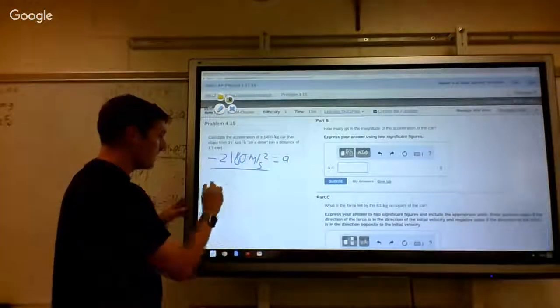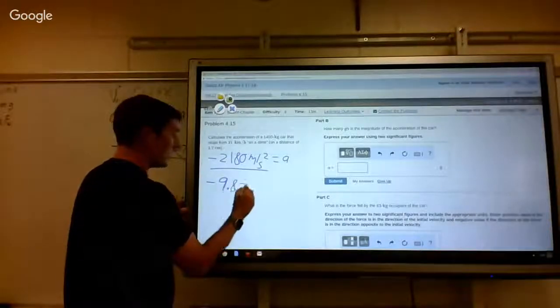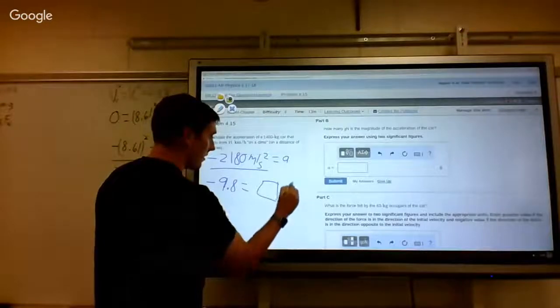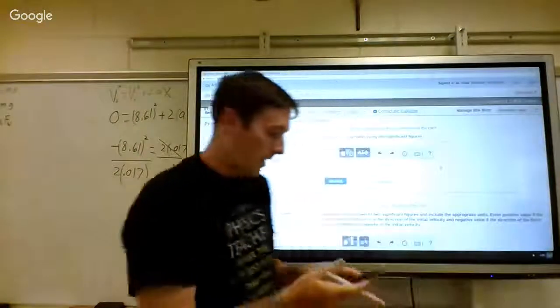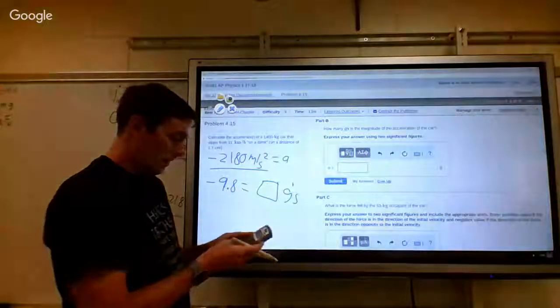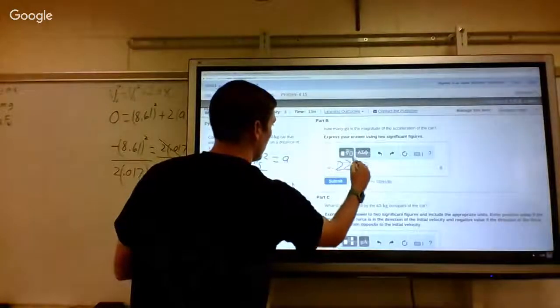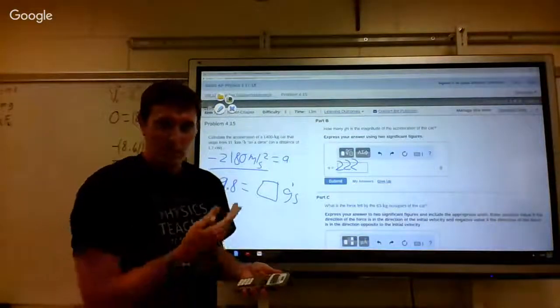So all of this divided by 9.8 is going to equal how many g's? G's, with my awesome handwriting. All righty, calculator right there. Divide by 9.8. I got 222. 222 g's. I hope that's an easy one for you.